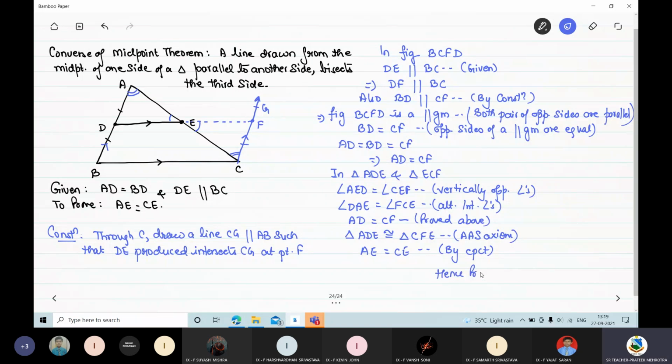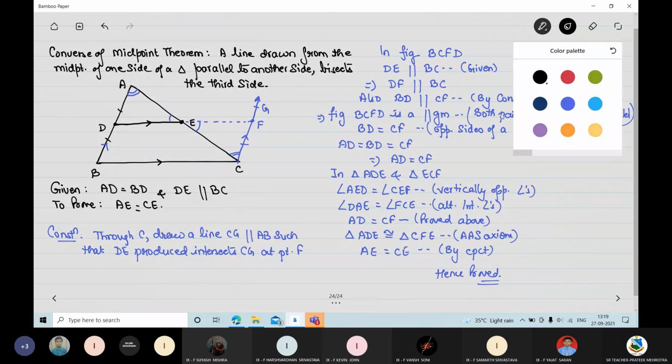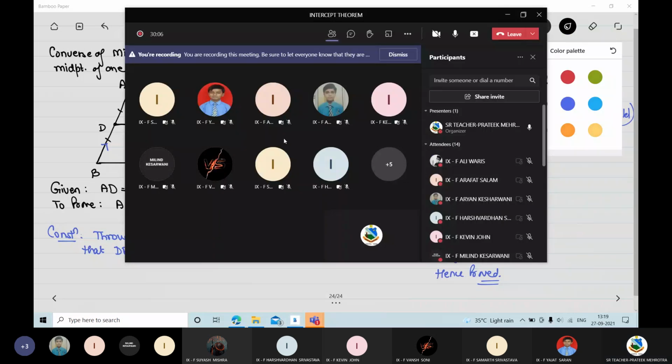So hence proved. Therefore, if you draw a line from the midpoint of one side that is parallel to the other side, then it will always bisect the third side. This is what the converse of the midpoint theorem says. I hope this much is clear, children. Yes, sir. Fair enough.